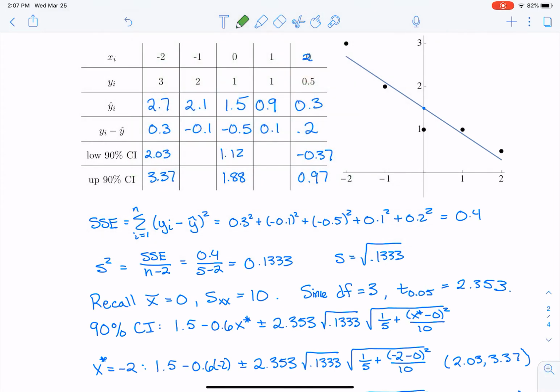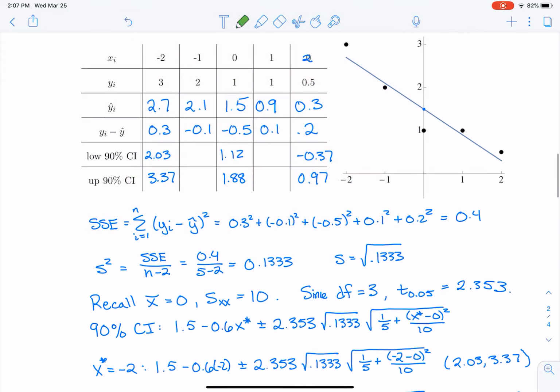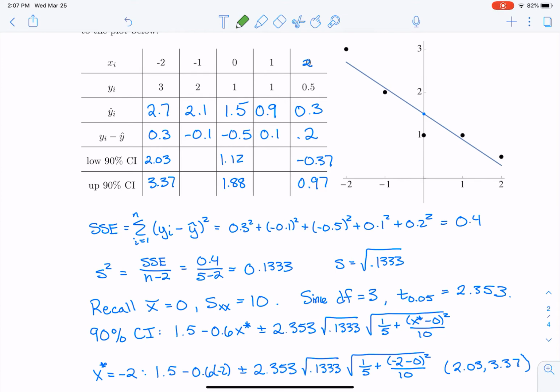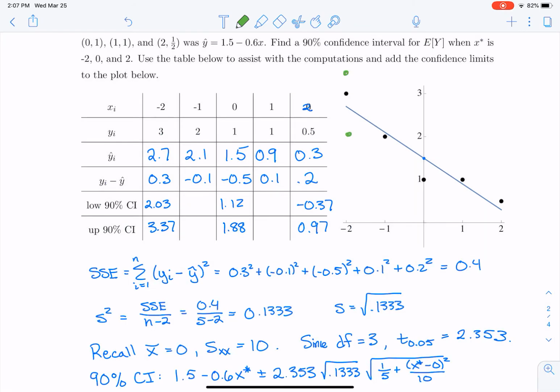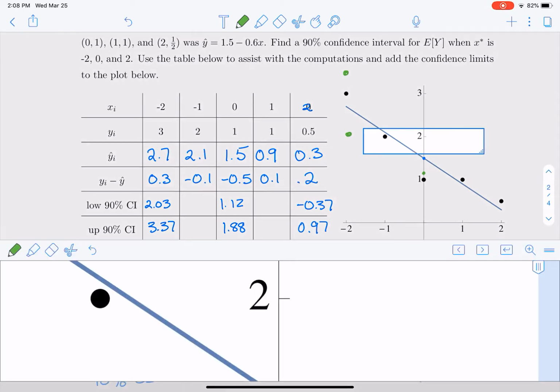Okay, so first I'm going to start with -2. So at -2, I want to go from just about 2 to 3.37, so a little bit above 3 there. Then for 0, I want to go from 1.1, so maybe about there, to 1.88, so maybe about there.